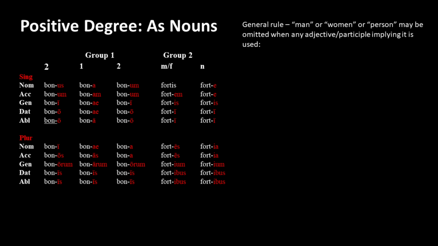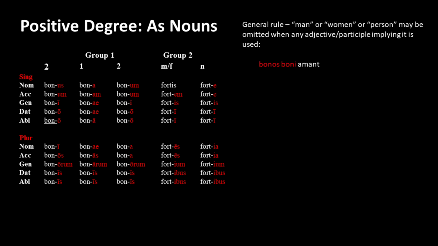You're using an adjective or a participle, and it implies that the adjective or participle covers a particular kind of person. So I looked at the dead, brackets men. I came back among the living, brackets people. It is exactly the same in Latin, and let's have a look at these examples.